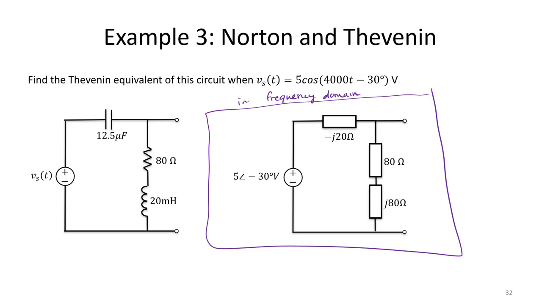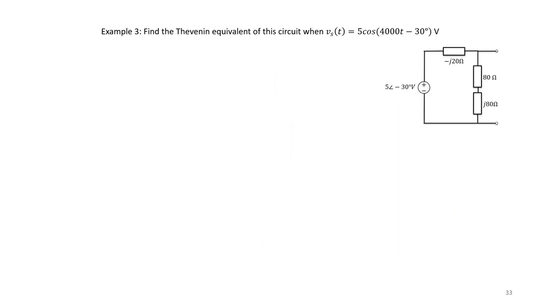We are asked to find the Thevenin equivalent for this particular circuit. Let's give this a try. Remember, our first step is to convert to the frequency domain and apply the box trick.